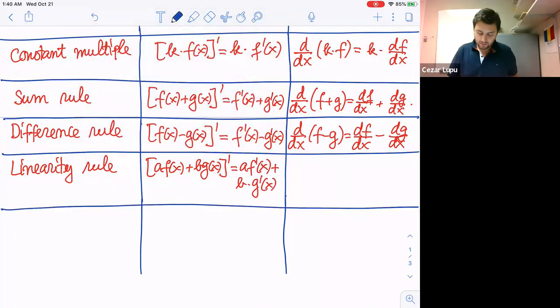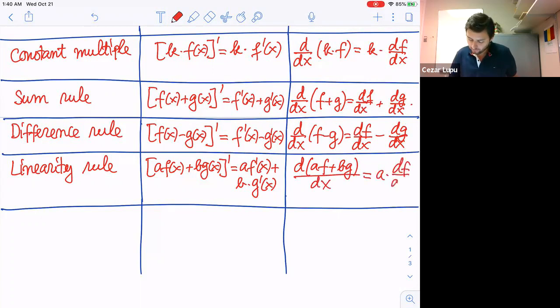And in Leibniz notation, we can write this in the following way. The derivative of a f plus b g with respect to x will be nothing else than just a times df with respect to x plus b times dg with respect to x, right?